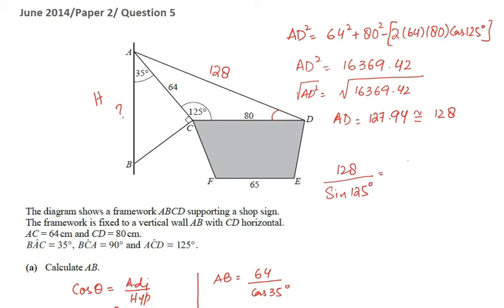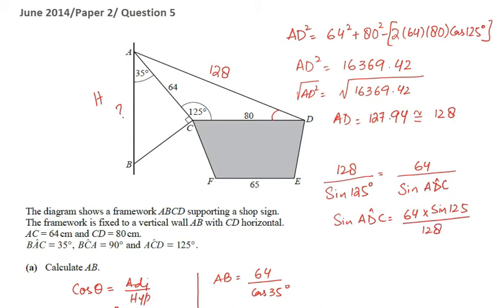And as we have to find angle ADC, in the numerator we will write 64, and in the denominator its opposite angle, which we have to find, angle ADC. Now let's cross multiply. So sine ADC is equal to 64 into sine 125 upon 128.